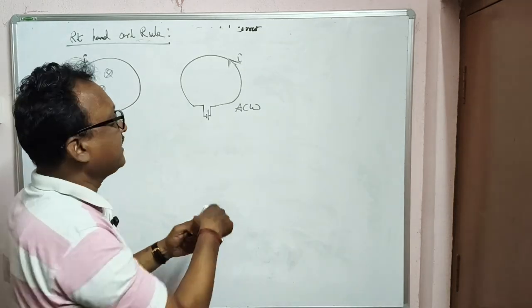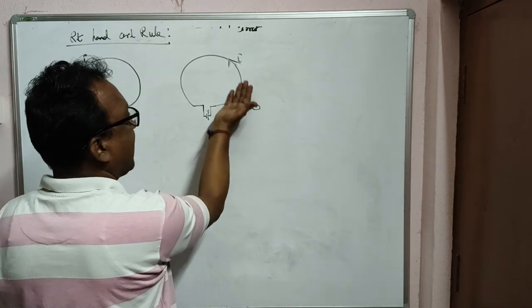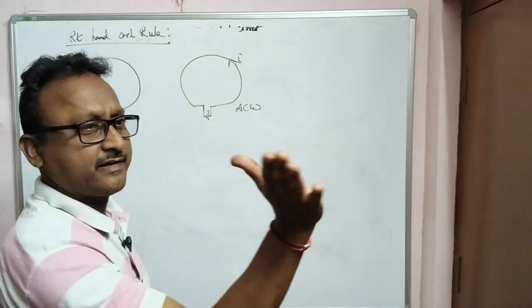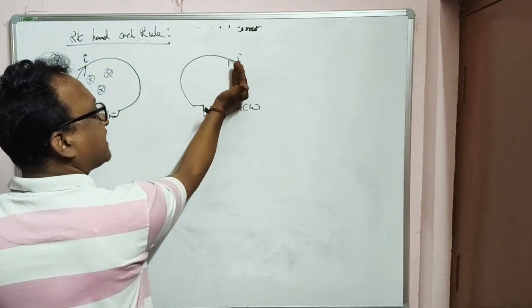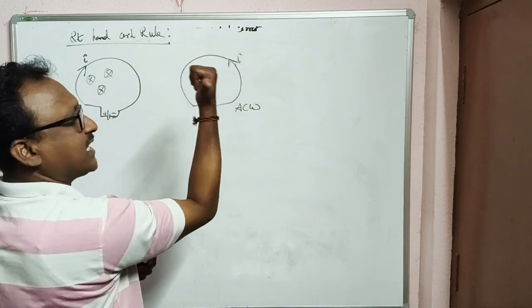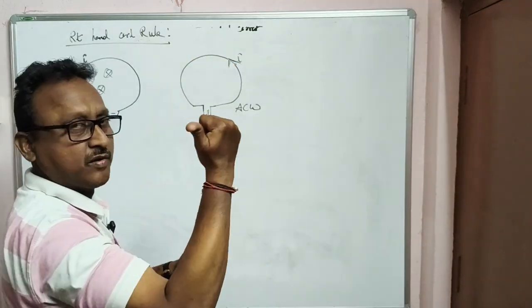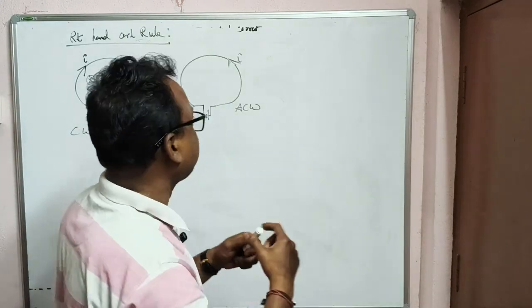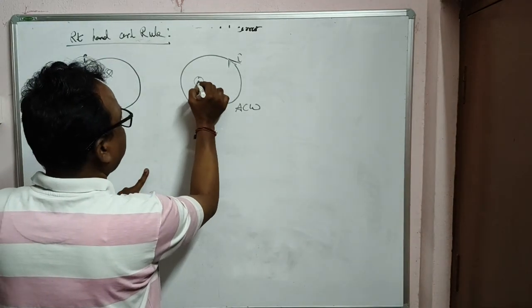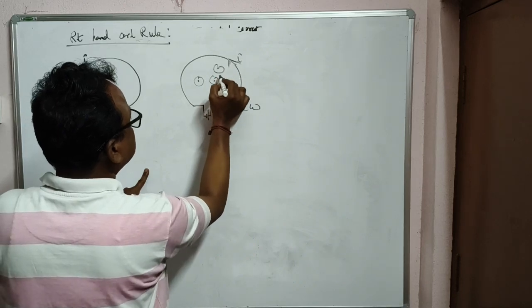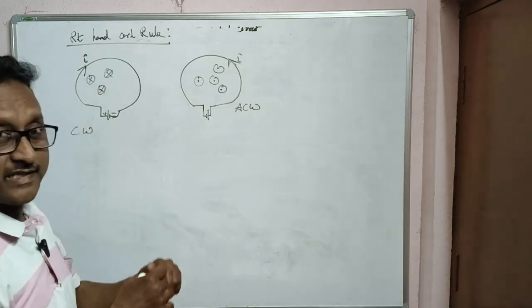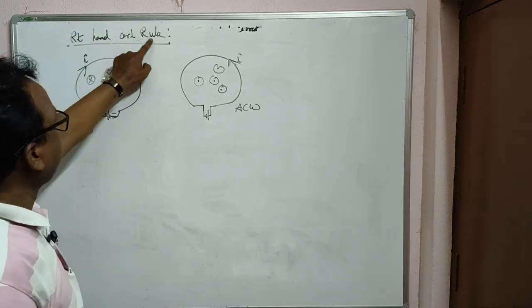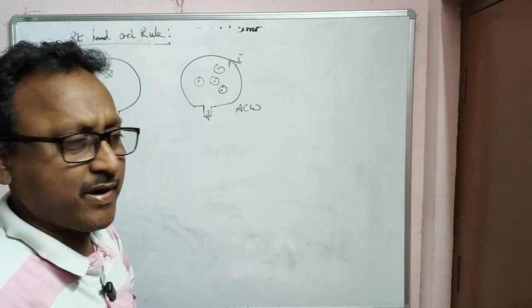In the same way, the current is anti-clockwise. Again use the right hand rule and curl the fingers along the direction of current. You can see the thumb is coming in this direction, toward the camera. That means the magnetic field is outside. Like this you can apply the right hand curl rule and find the direction of the magnetic field.